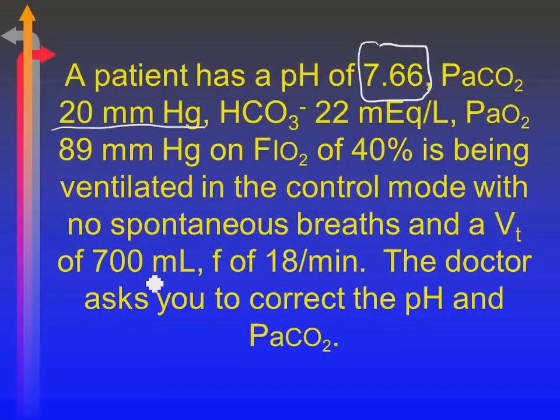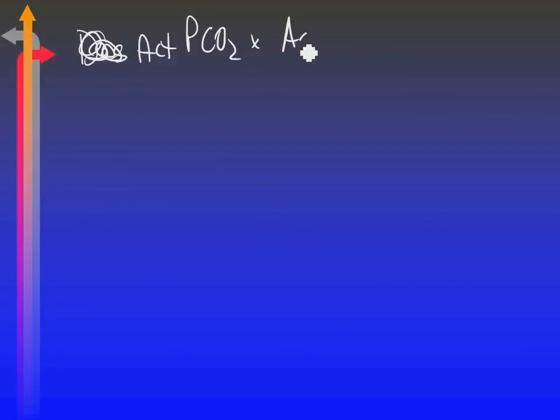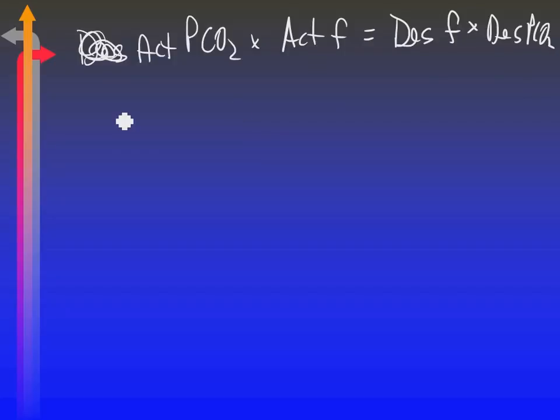Well, let's figure it out. Let's say that I wanted to utilize this. We'll pick the rate as an arbitrary. So my actual PaCO2 is 20. Actual frequency is 18.